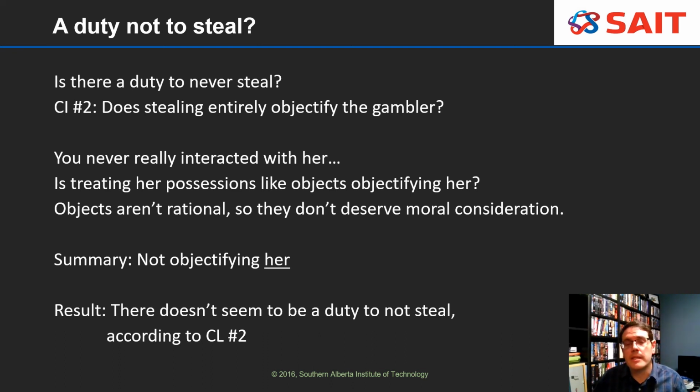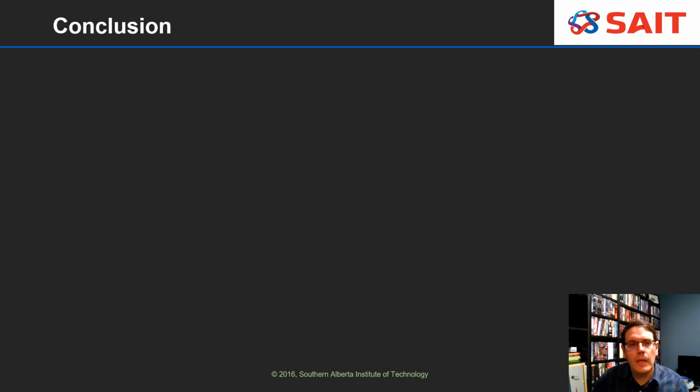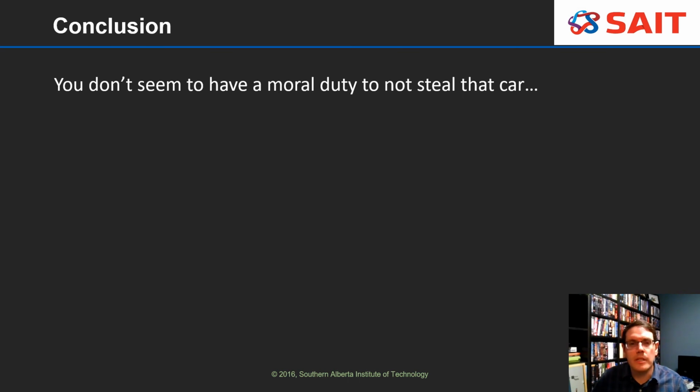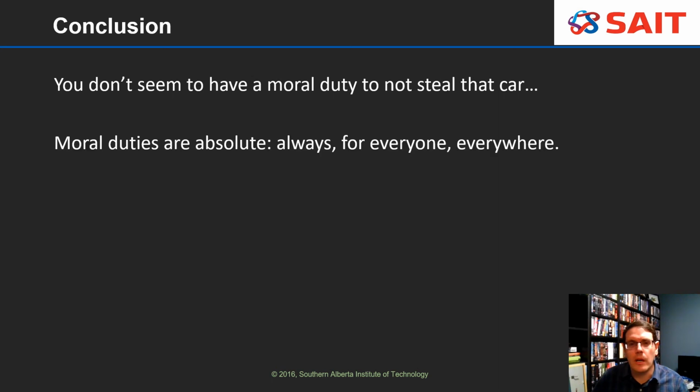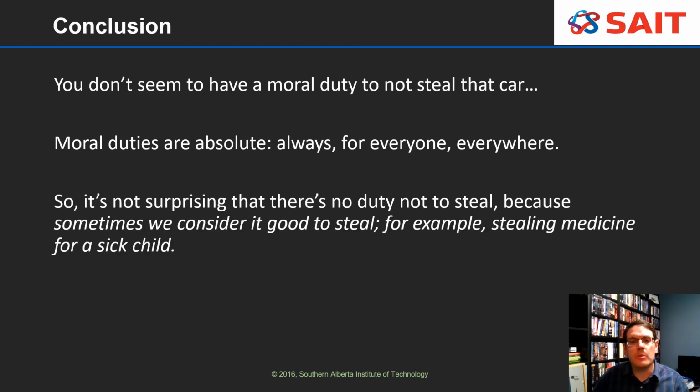To be clear, this doesn't mean that you have a duty to steal things, it's just that you don't have a moral duty to not steal things. That may seem a little bit strange to you, that Kantian deontology doesn't seem to say that you have a moral duty to not steal that car. But if you think about what deontology is about, that moral duties are absolute, always, for everyone, everywhere, in every circumstance, it's not really surprising that there's no duty not to steal, because sometimes we consider it good to steal.